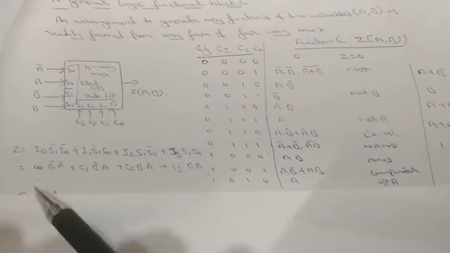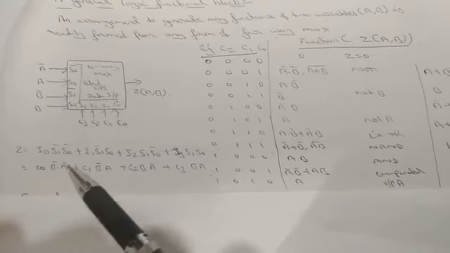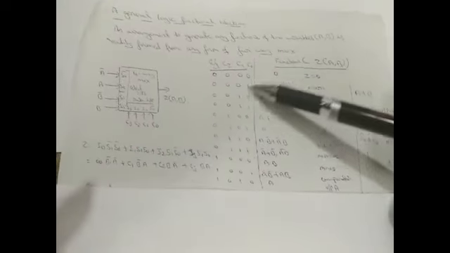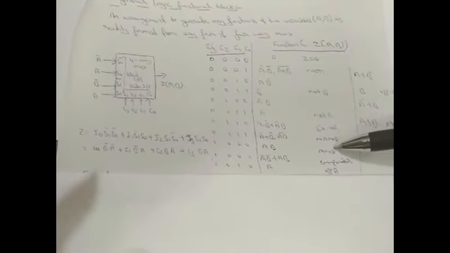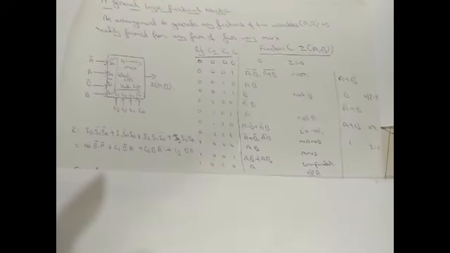So all the time C0 is 0, with B bar and A bar, so it is A bar into B bar. In this fashion, if I go on representing the values and calculating the formula, I will get NOR, NOT B, NOT A, XOR, NAND and so on. So this is the table we will be getting.